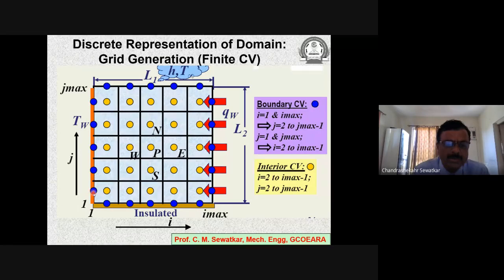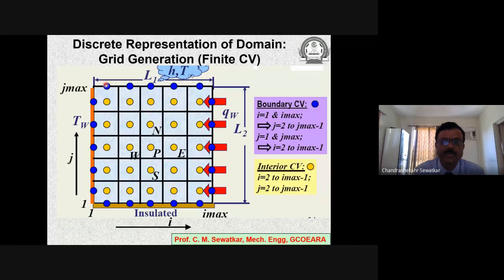For example, my left boundary is represented by I is equal to 1 and J is equal to 2 to Jmax minus 1. Right boundary is represented as I is equal to Imax and J is equal to 2 to Jmax minus 1.